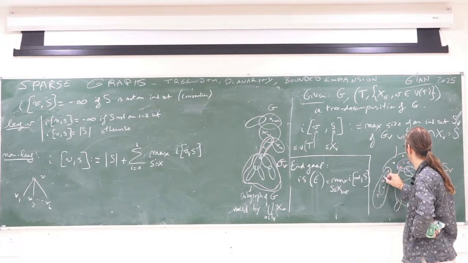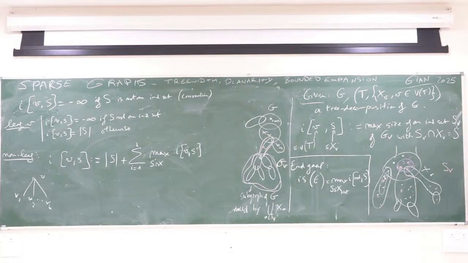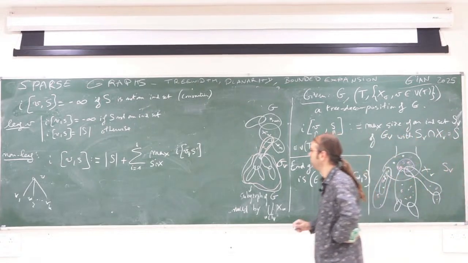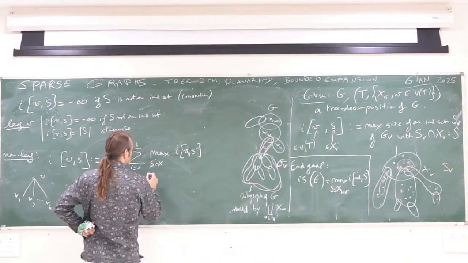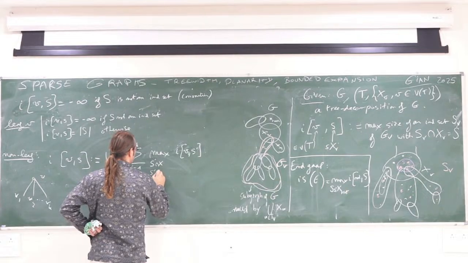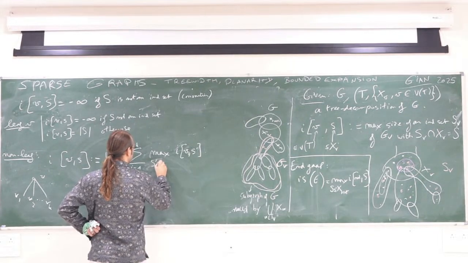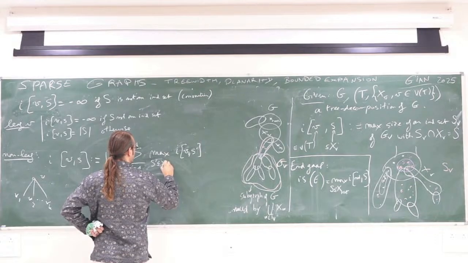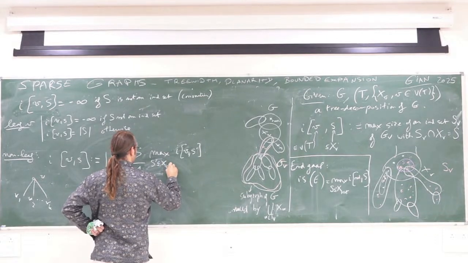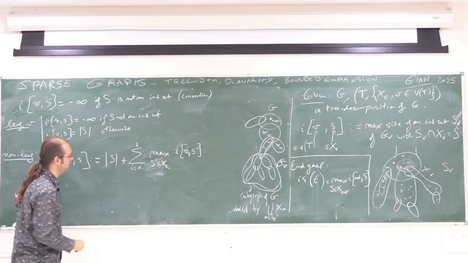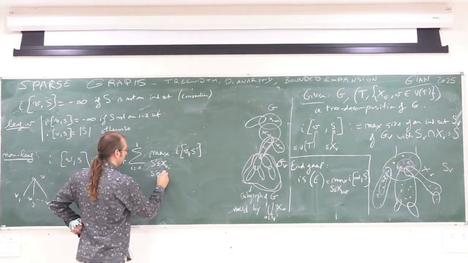What I want is that this part agrees with my choice of S. So S prime should be a subset of Vi's bag, and S prime intersection XVi.